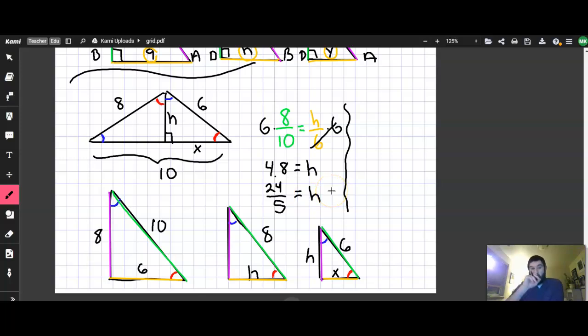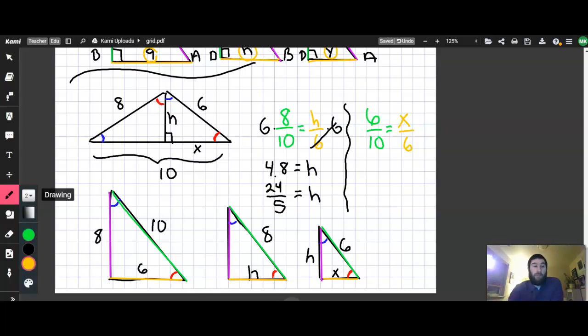And so what we have then to work with is 6 over 10 equal to x over 6.